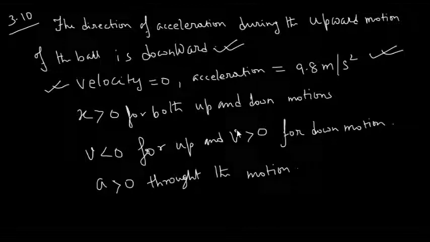Now the next part, during upward motion, the sign of the position is positive. So position is greater than 0, and sign of velocity is negative, and the sign of acceleration is positive.